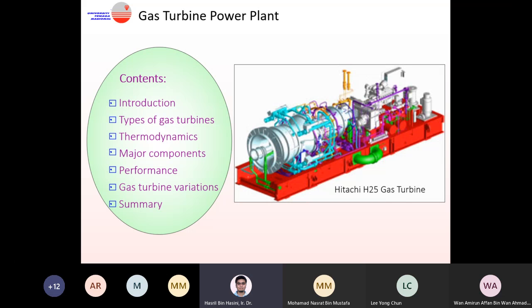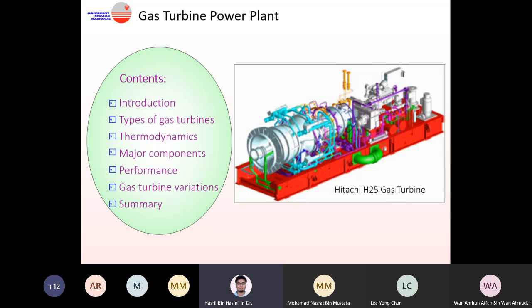This is given by the approximate efficiency equation described here. If this number P2 divided by P1 is high, the whole term on the right hand side here is small, so you have 1 minus something that is very small, and you will get a maximum efficiency. So that's how the ambient affects the gas turbine performance.